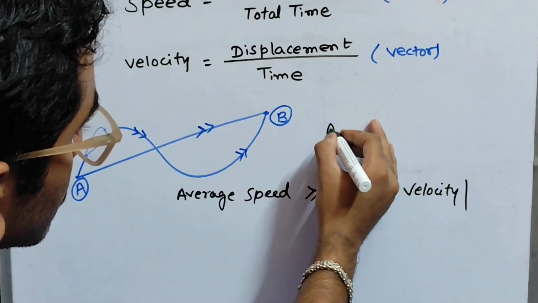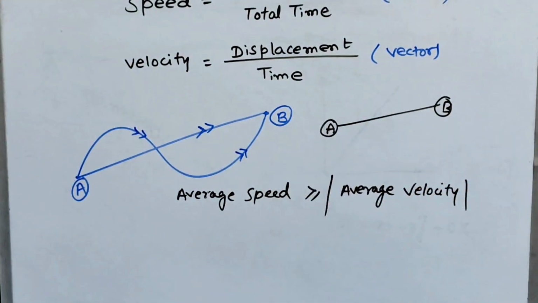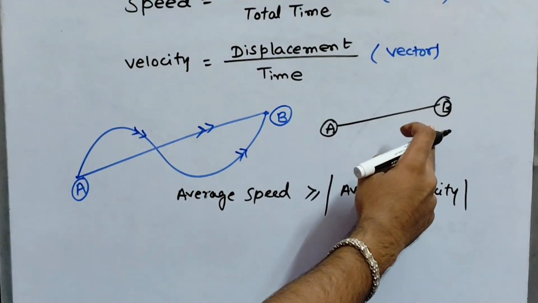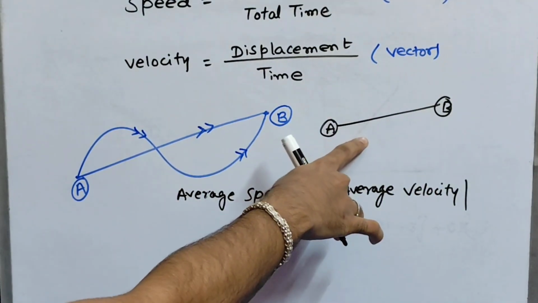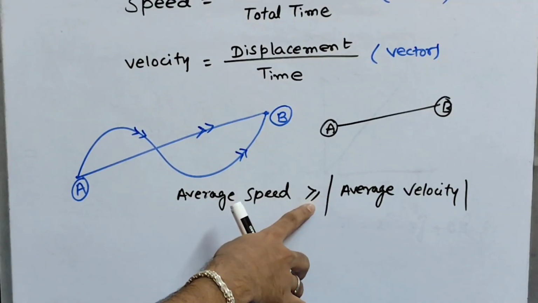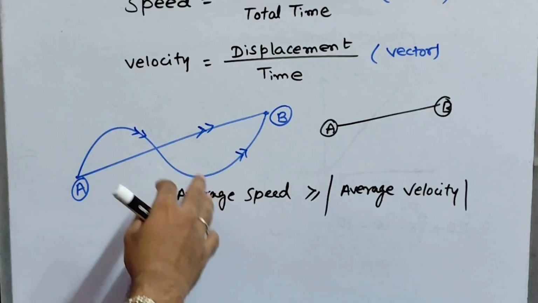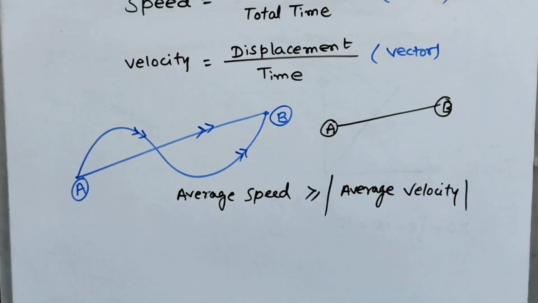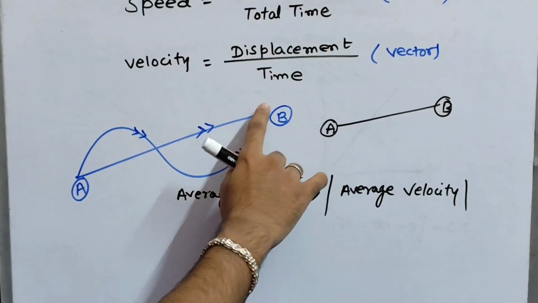For example, suppose from point A to point B this is the diagram, and this is the total distance and this is the displacement. In this case distance is equal to displacement, so that is why the equal sign is used. But in all other cases, distance is always greater than displacement.